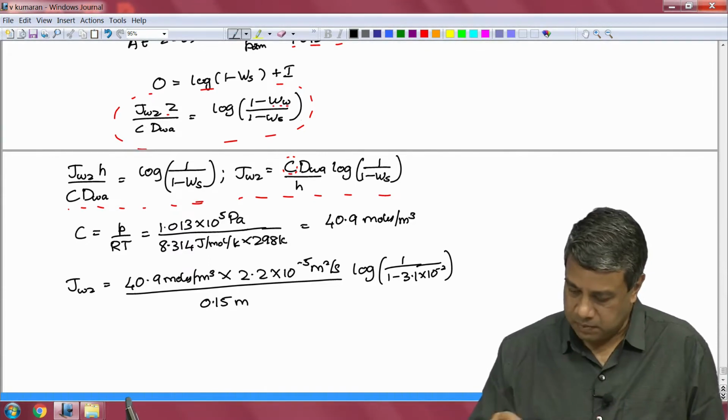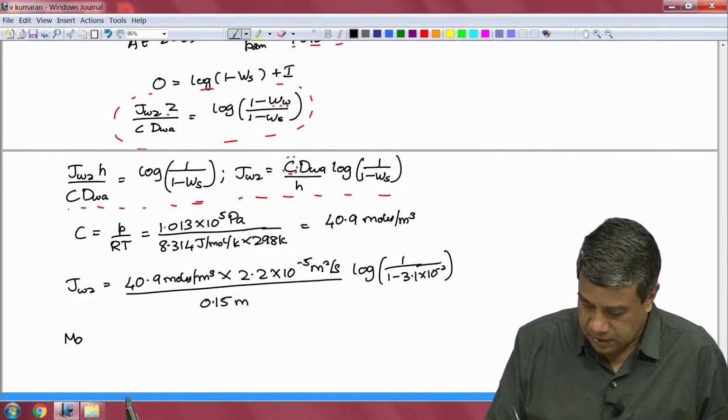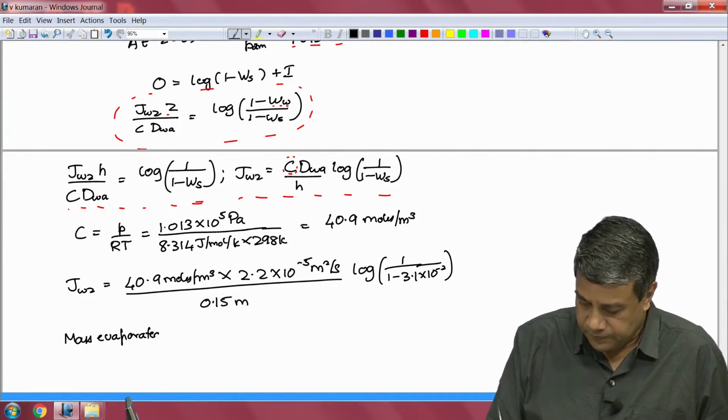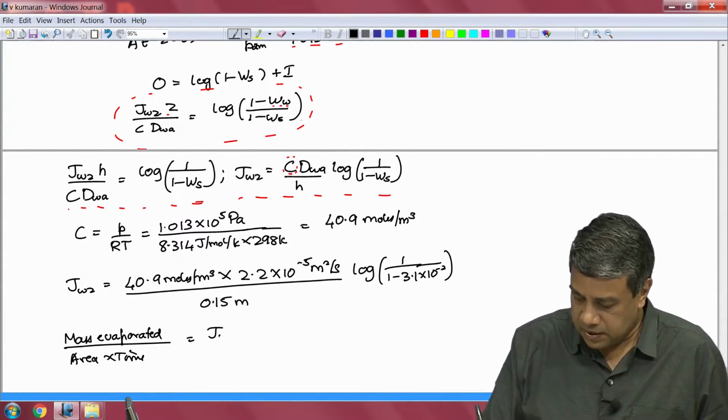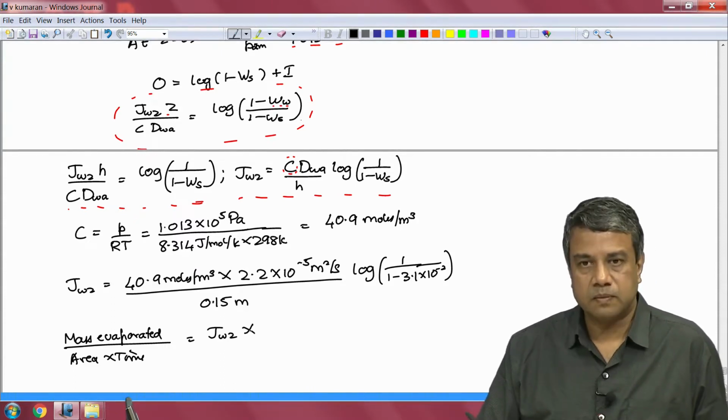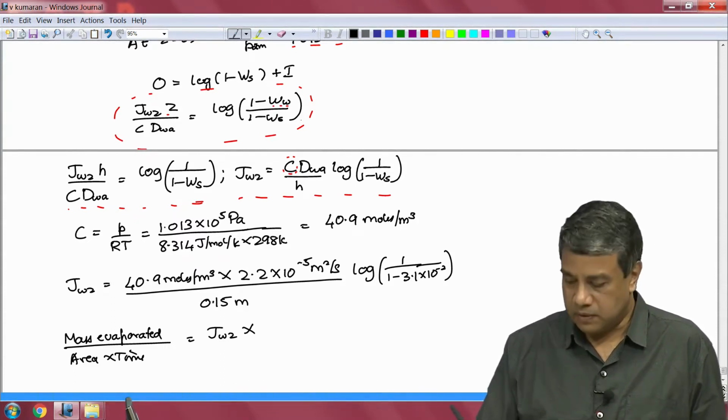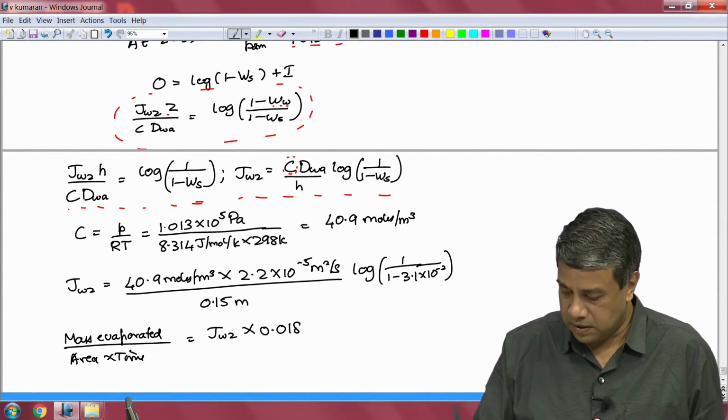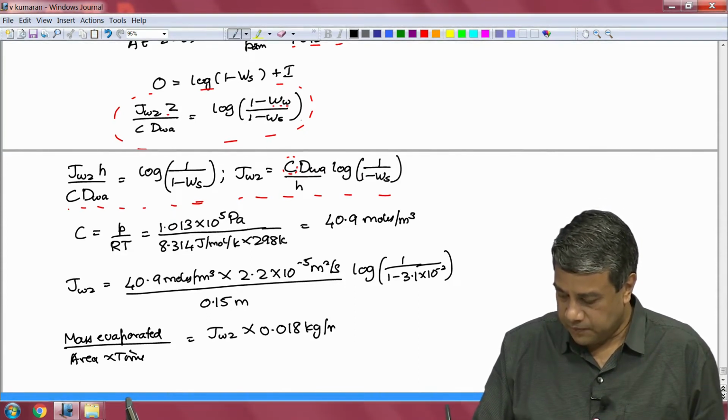And the total number of moles, the mass evaporated per unit area per unit time, is going to be equal to JWZ into the molecular weight of water, that is 0.018 kg per mole.